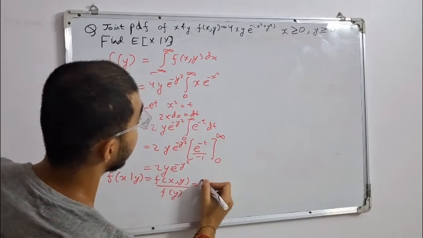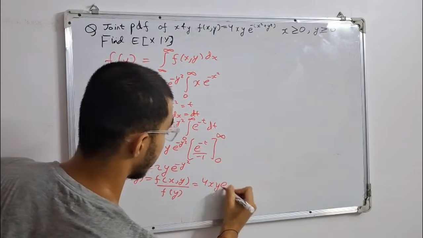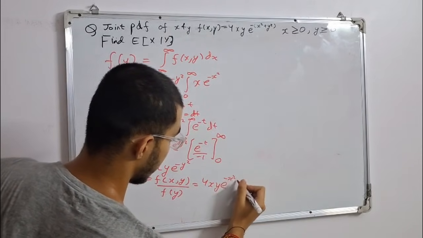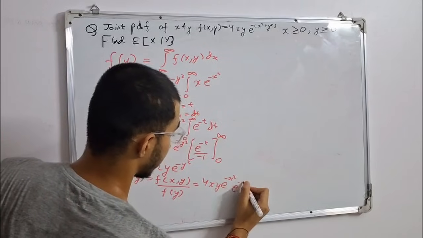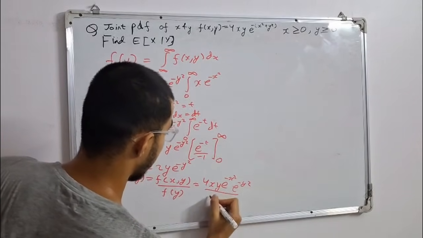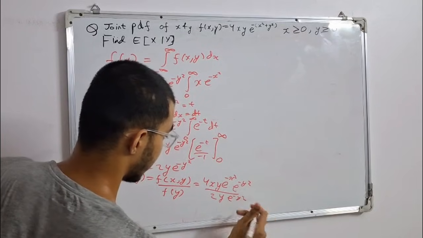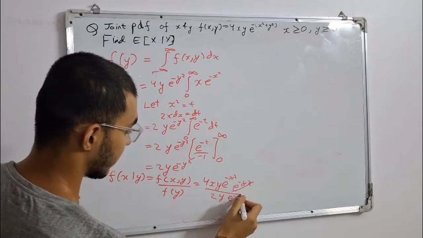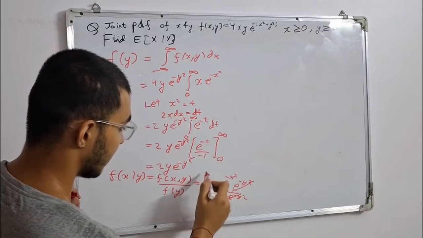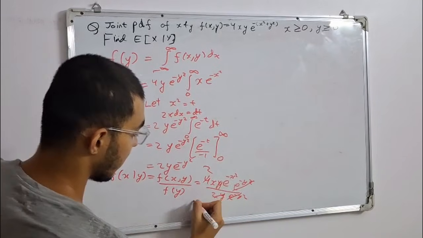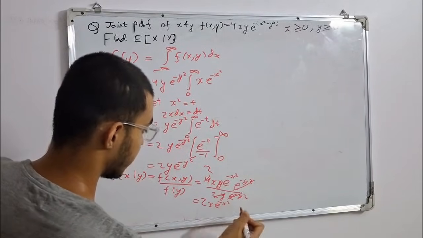So that will be 4xy e to the power minus x square times e to the power minus y square, divided by 2y e to the power minus y square. So y and y, e to the power minus y square will cancel out. 2x will cancel out with this, so it will be 2x e to the power minus x square.